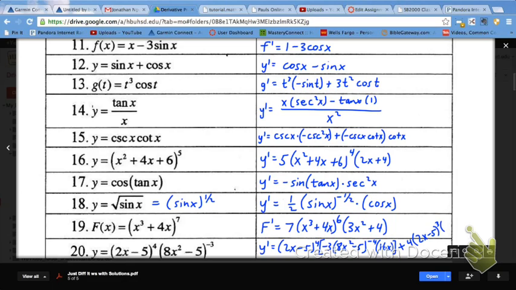And then we multiply that by the derivative of the inside, and the derivative of 2x minus 5 is 2, and then we have to multiply that by the second function. So we have 8x squared minus 5, and that all gets raised to the minus 3 power.